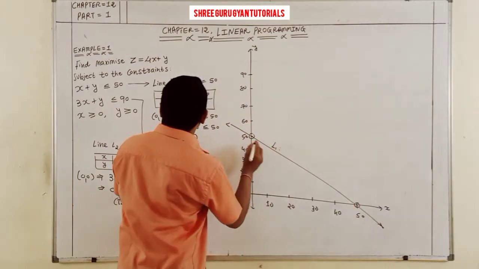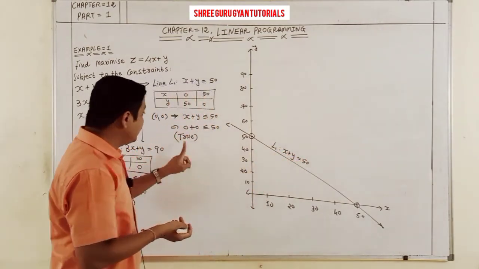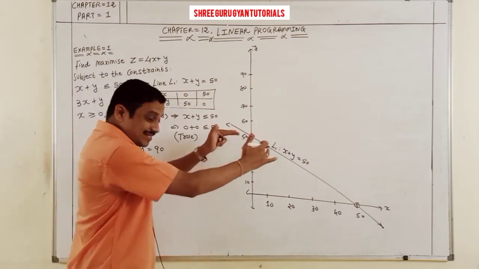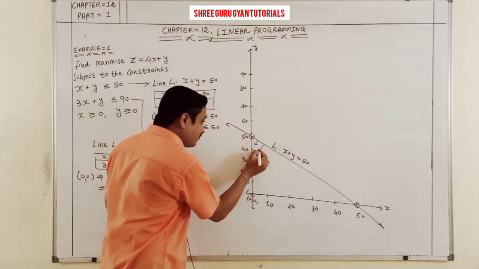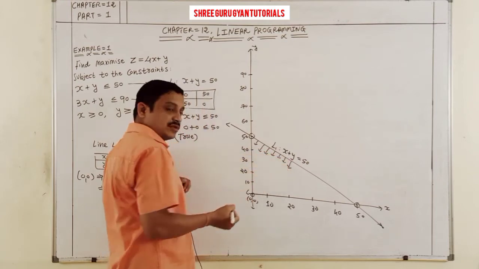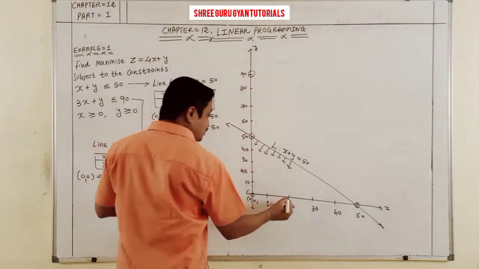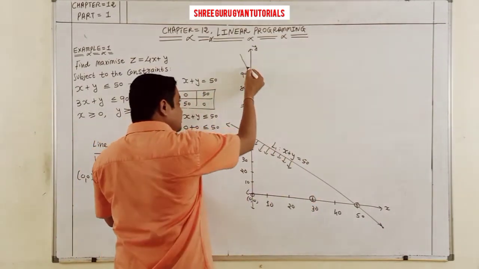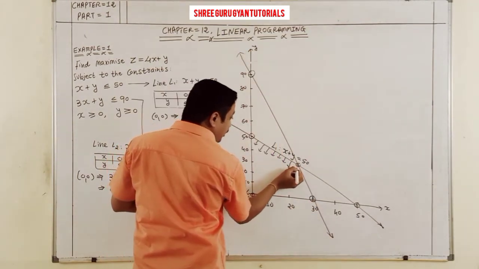Line L1 is x + y = 50, and checking, the graph goes towards the origin. It means this side is the origin and this side is the shaded region. Now secondly, plot 0 to 90 and 30 to 0 for the second equation.